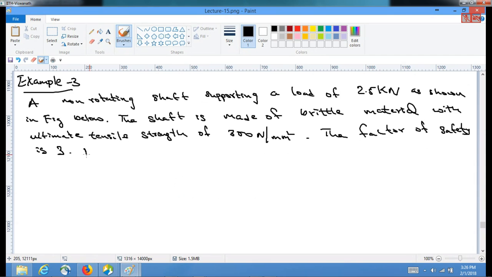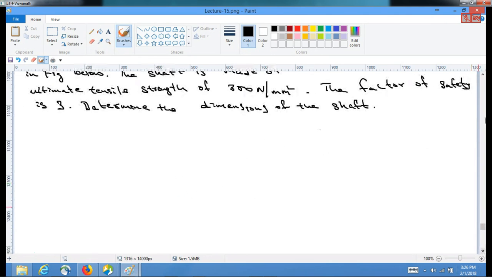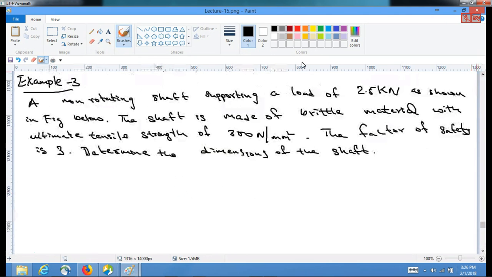We need to determine the dimensions of the shaft. So let us have the picture.